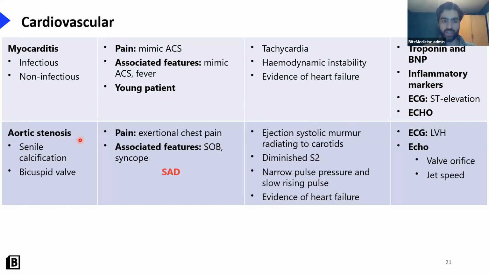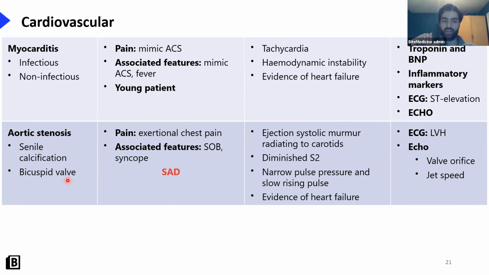Aortic stenosis, the most common cause is senile calcification. So calcification of the aortic valve, and this will be seen in the elderly. Less common cause is bicuspid aortic valve. So the aortic valve normally consists of 3 cusps.